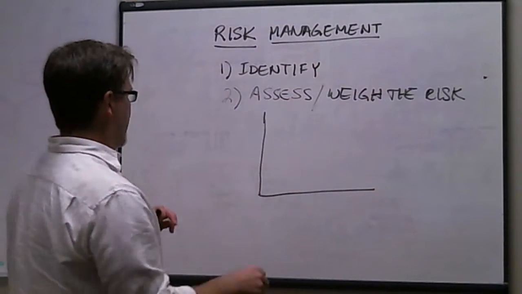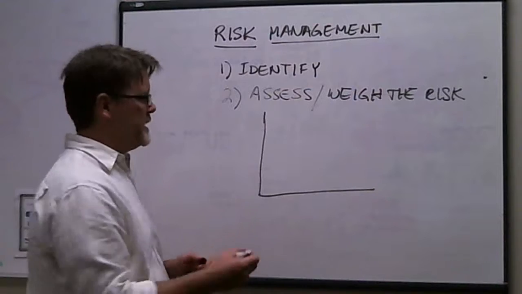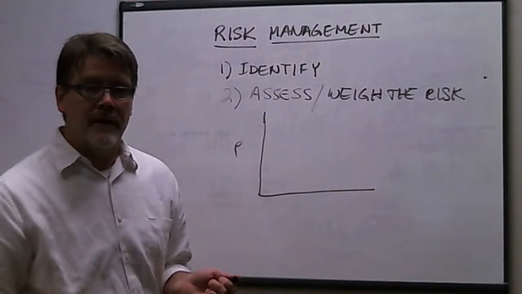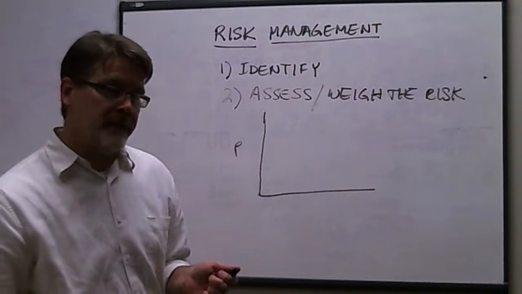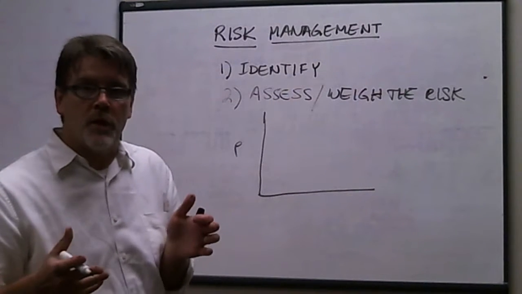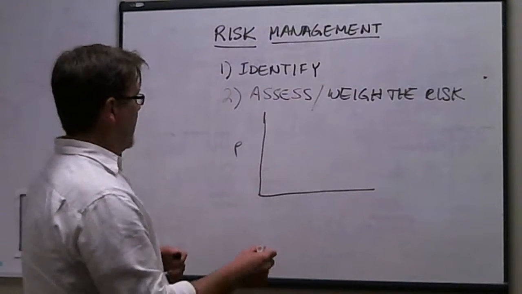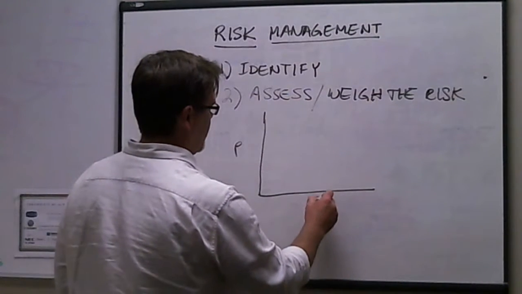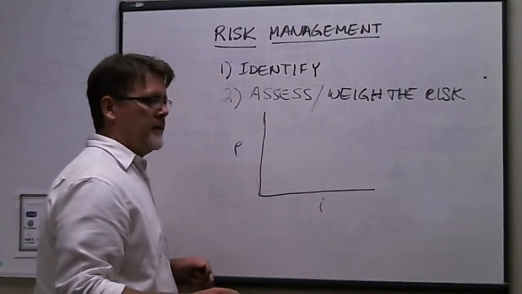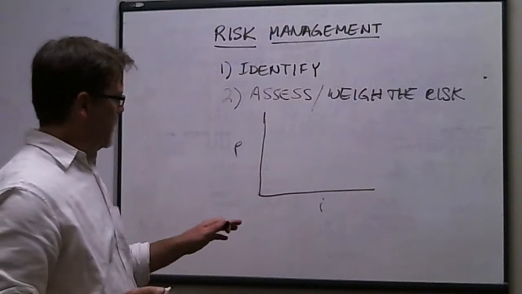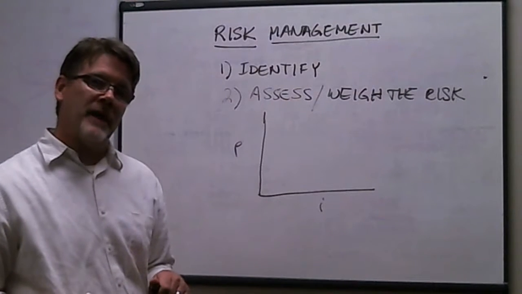We maybe take the vertical axis and make that the probability of that risk event occurring, however you give that value to that risk. And then down here, on the X axis, maybe we call that the impact of that risk.